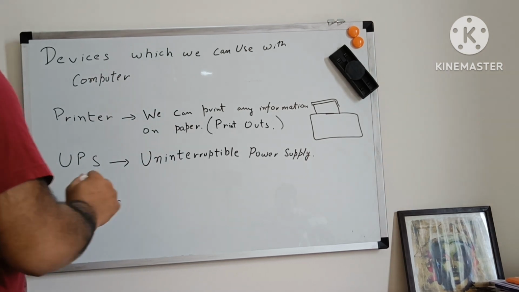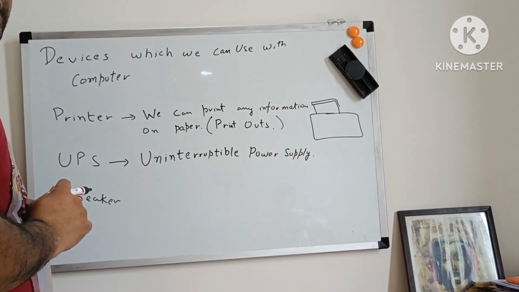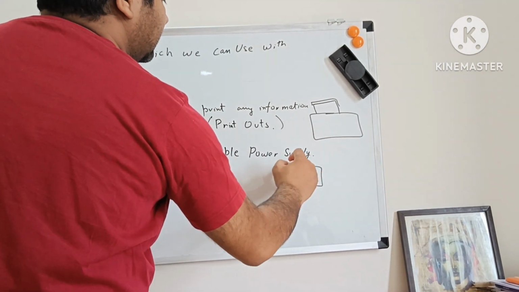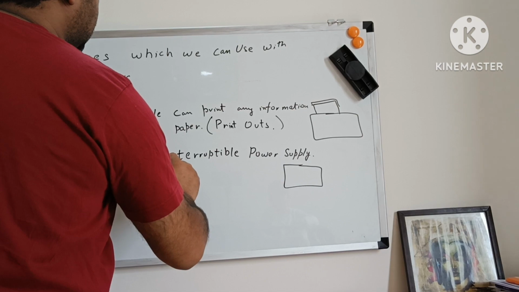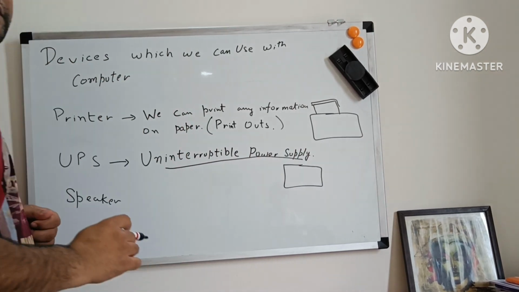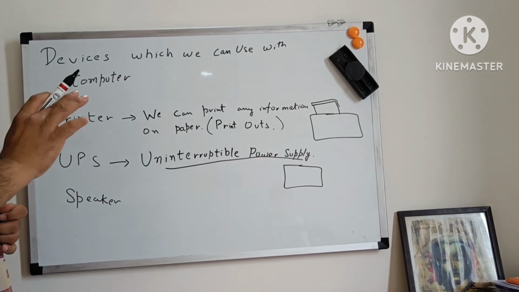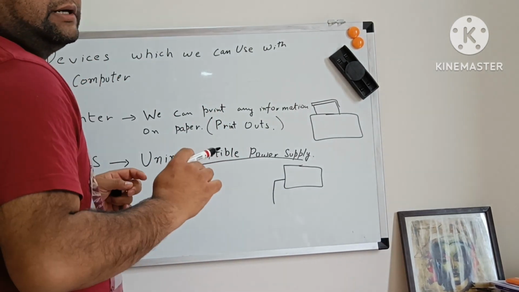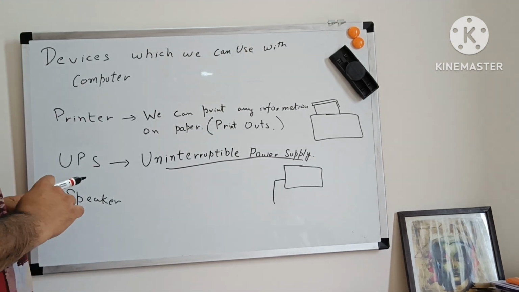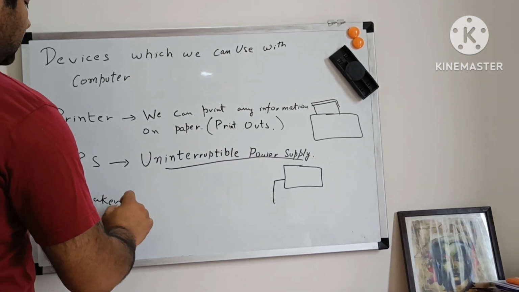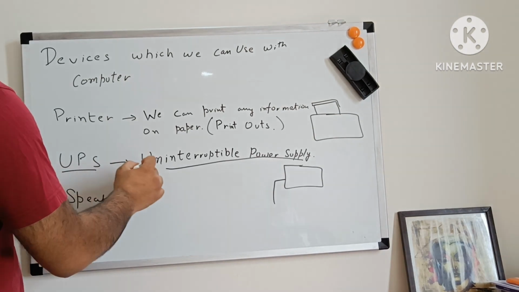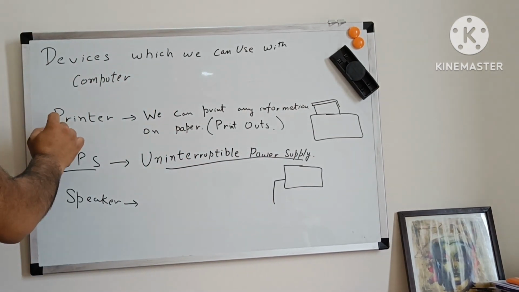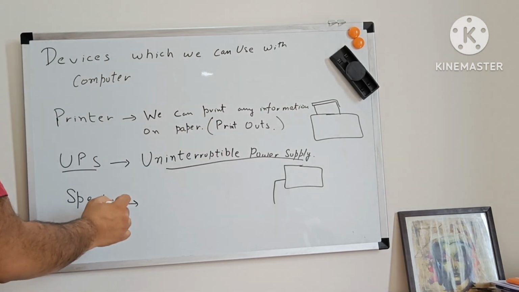We can connect the computer with the UPS. So even if there is no power, this power supply gives some power to the computer, and it does not get shut down when power is not there. So it is called UPS. You should remember the full form: uninterruptible power supply. You can write it down.